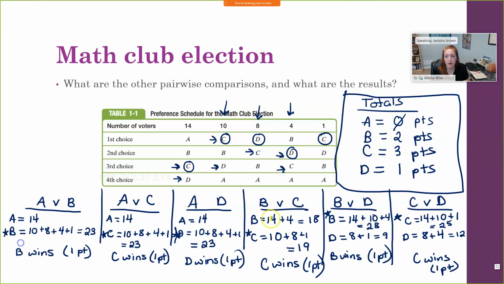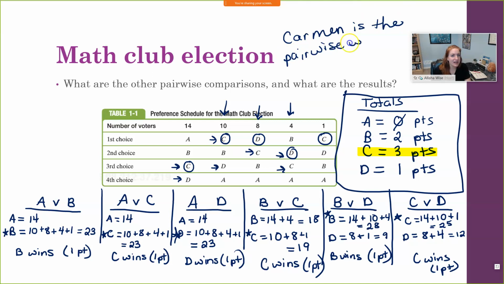Exactly. So we're just grabbing the points down here, adding them together. And then we see that Carmen is the pairwise winner. Or champion, whatever you want to say.